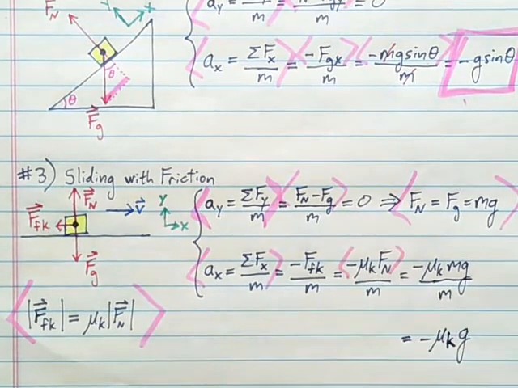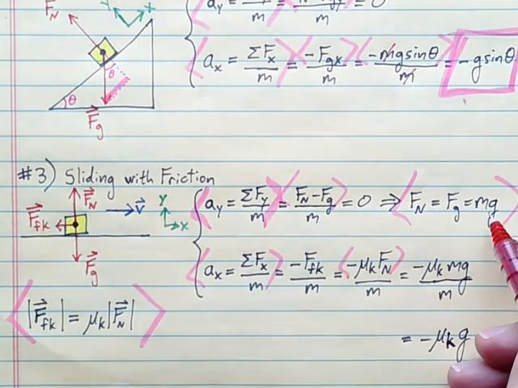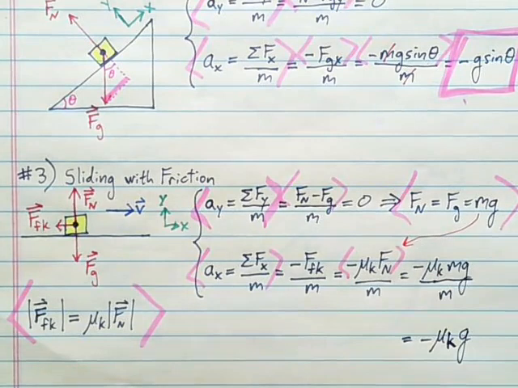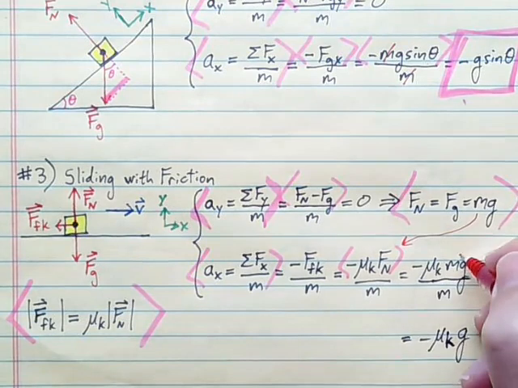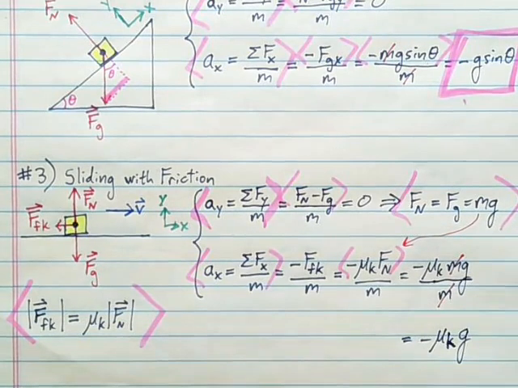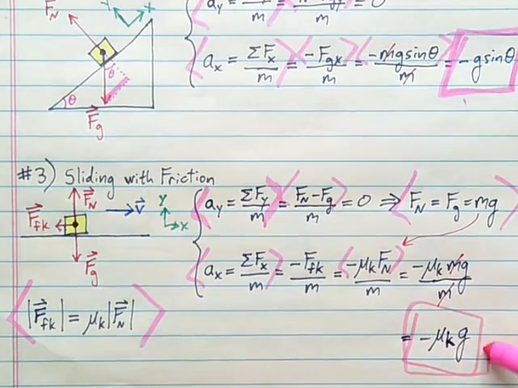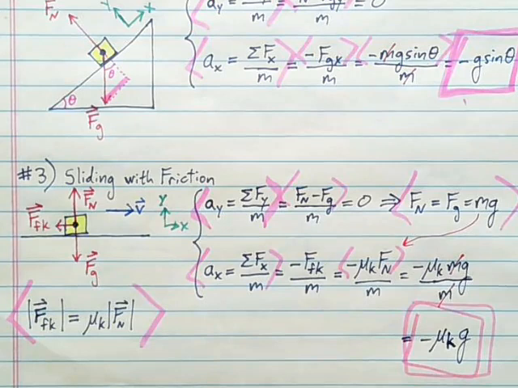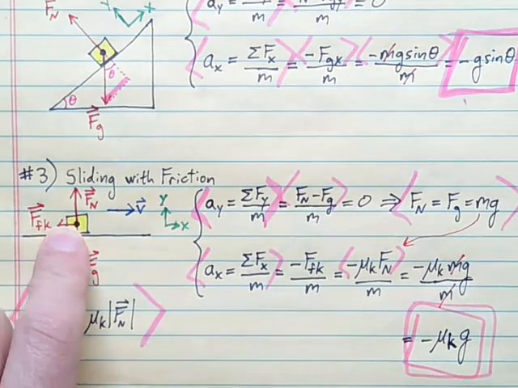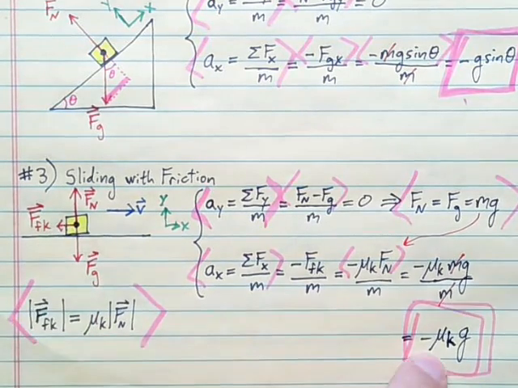Fn, we've shown, is equal to mg. So here's where that substitution comes into play, and that gets us here. Negative mu k mg over m, and once again, we get that cancellation of mass, resulting in this simple expression for the acceleration of our object as it slows down, independent of mass.